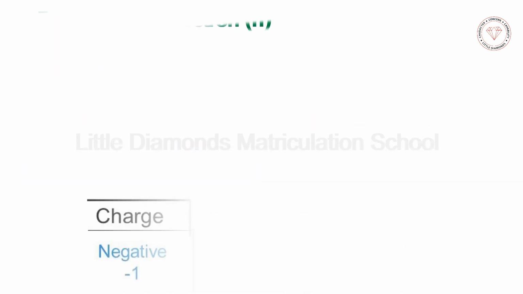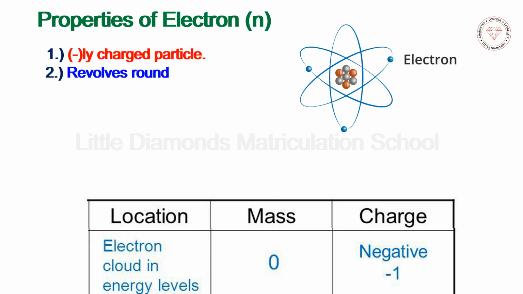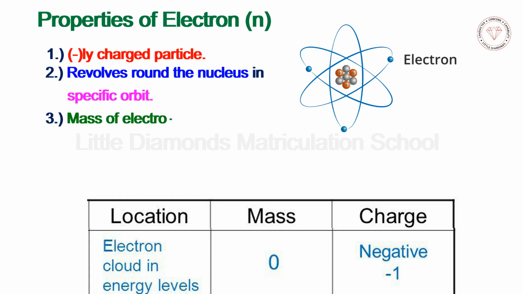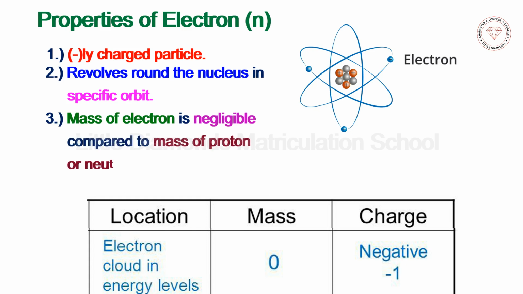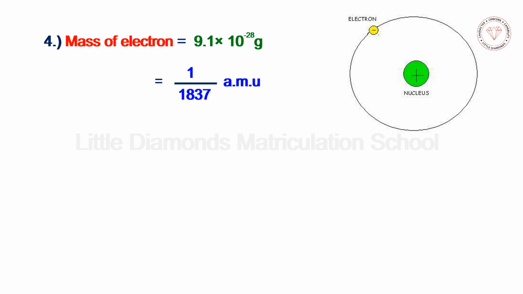Let us now know the properties of electrons. The electrons are negatively charged particles moving around the nucleus in an atom. They revolve around the nucleus in specific orbits. The mass of an electron is negligible when compared with the mass of the proton or neutron. Mass of electron is equal to 9.1 × 10^-28 grams, that is equal to 1/1837 atomic mass unit.